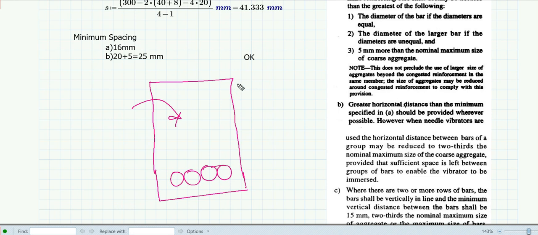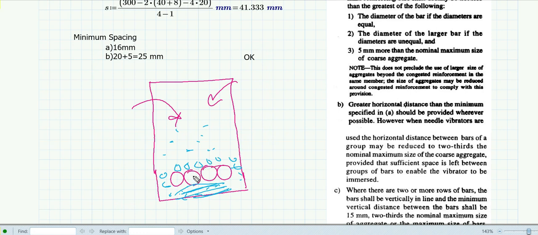When you pour concrete, the aggregates will not pass through. So here only water or only slurry will be there, so the distribution of the concrete will not be uniform, and it will be a weaker section, right? So that is a problem.